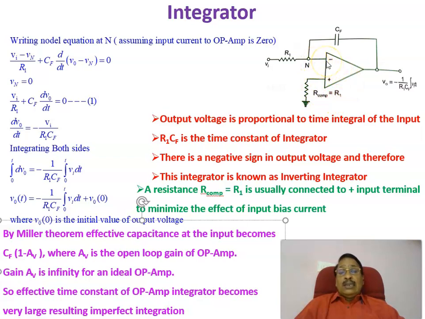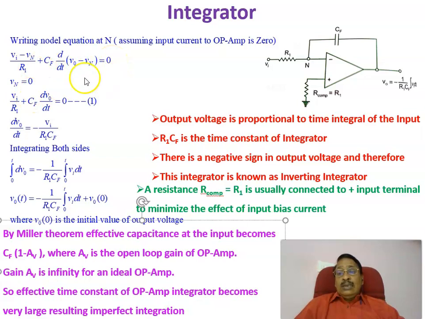The current coming towards this point is Vi minus Vn divided by R1, plus the feedback current, which is C dV by dt, or Cf into d by dt of V0 minus Vn. That is equal to the input current, but the input current is equal to 0.